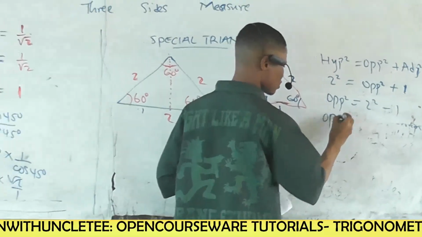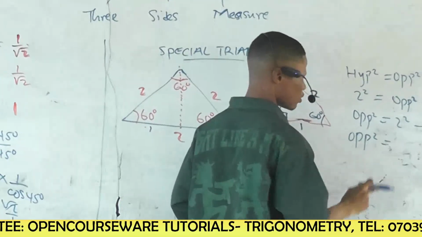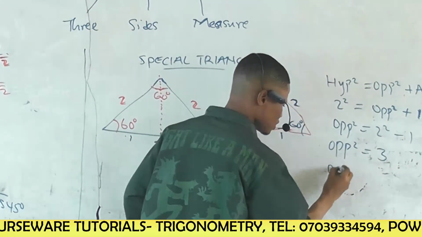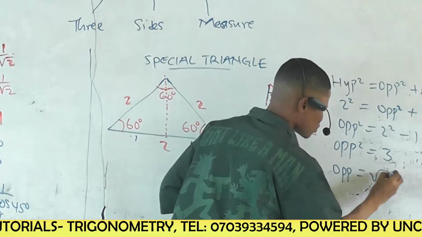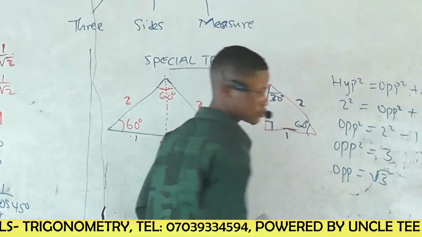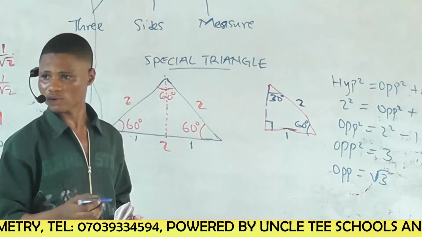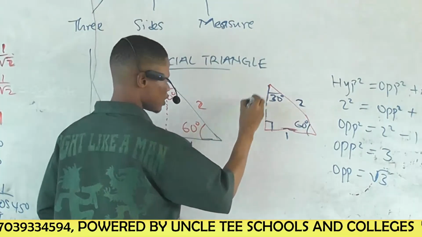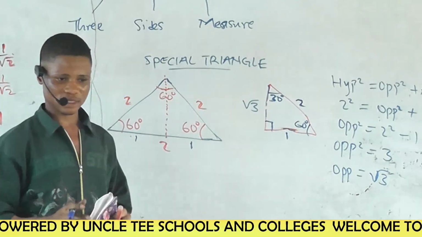Opposite square equals 2 square is 4, 4 minus 1, you have 3. Opposite is equal to square root of 3. So you have square root of 3 here. Now, we've completed the side.